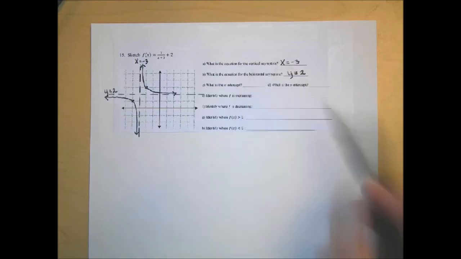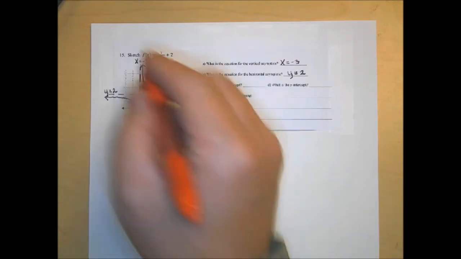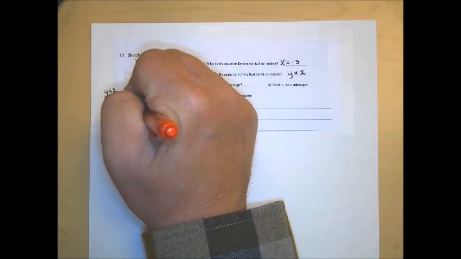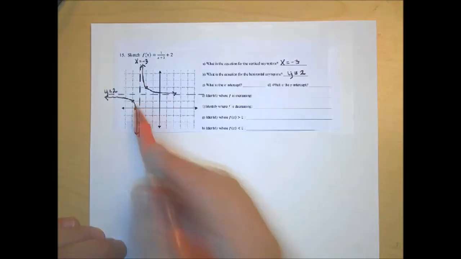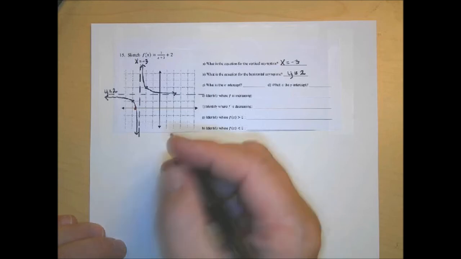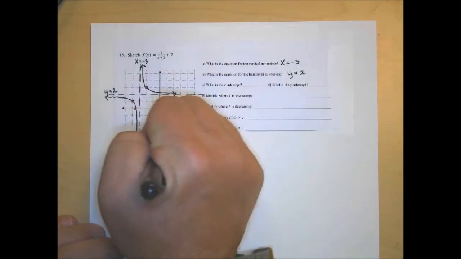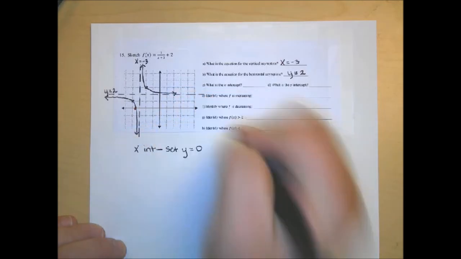Okay? All right, now, first of all, what's the x-intercept? Does it have an x-intercept? Yes, it does. It is right here. Here's where the graph crosses the x-axis at that point. Well, we need to figure out what it is. So, x-intercept. Set y equal to 0.